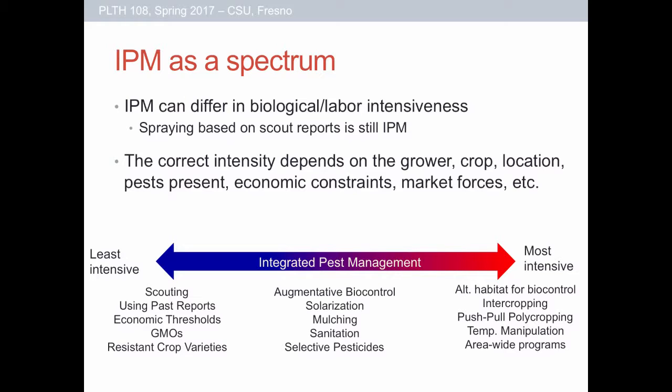What he cares about is that people are doing IPM, and at the very least they're going out and scouting and making decisions based off of information. So where you fall really depends on the system, and there isn't one right answer. There's a lot of decision making that will be in your hands and in the hands of the growers.